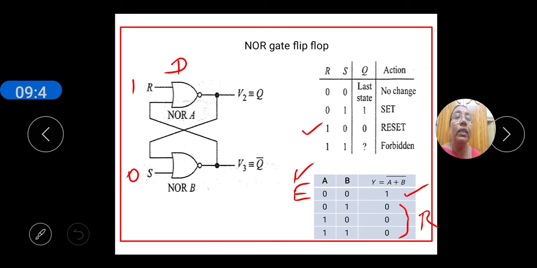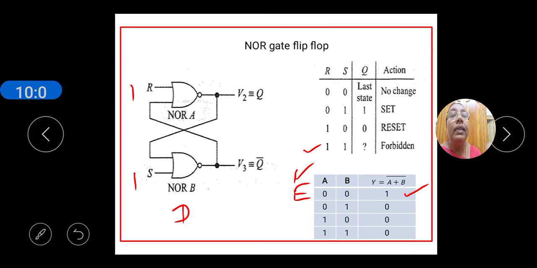Then the fourth case is R is equal to 1 and S is equal to 1. So in this state, since R is 1 and S is 1, NOR A as well as NOR B, both the gates are disabled. So both the outputs tend to 0.